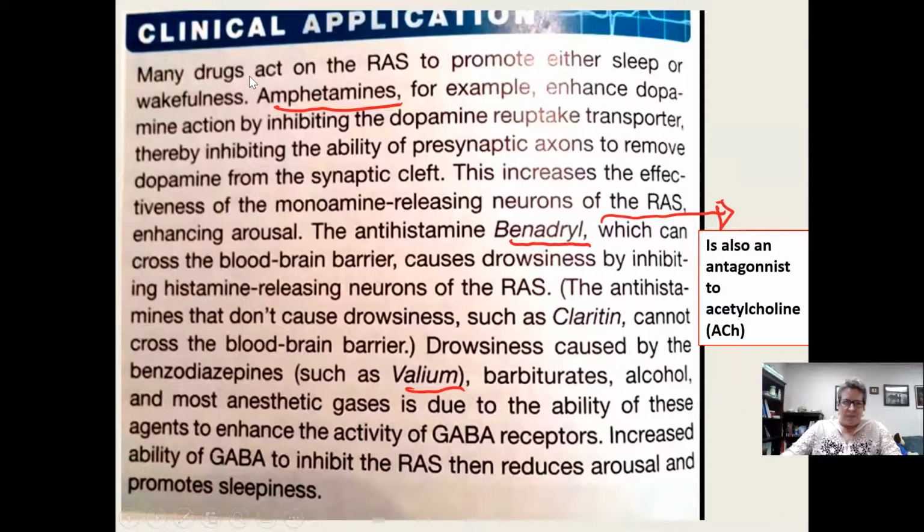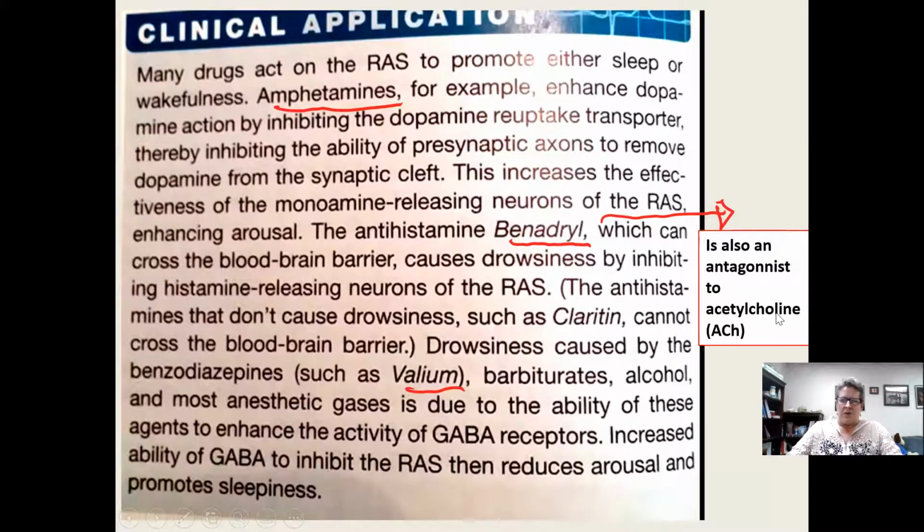So amphetamines can stimulate dopamine action because they're dopamine agonists, and that is stimulatory. And so that can affect the reticular activating system. Benadryl also can affect the reticular activating system because it inhibits histamine releasing neurons of the reticular activating system.